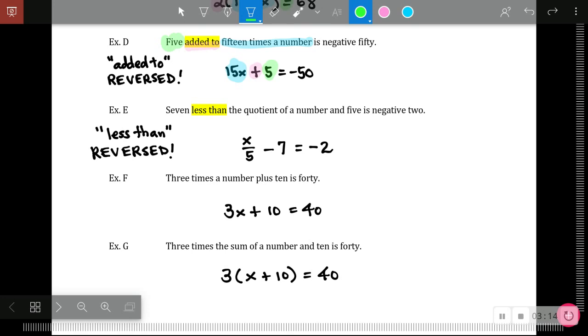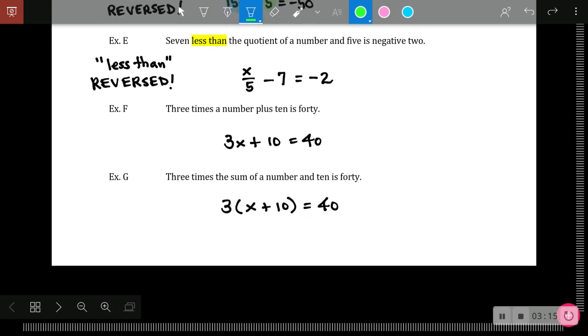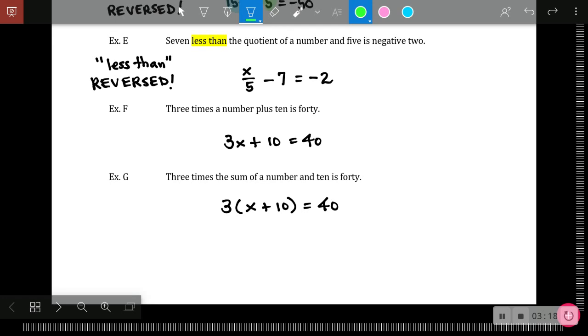All right, on example E, we have a reverse subtraction coming at us. Less than is probably the most common version of this problem. And I do mark a lot of students wrong for not internalizing this part here. So perk up here. Less than is indeed a subtraction. A lot of people get that right. But you have to put the order backwards. It says 7. Let me use a different color here.